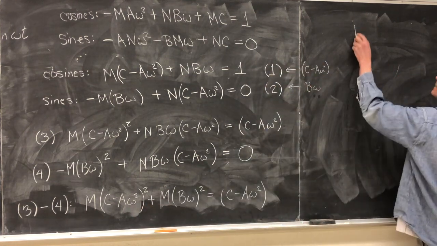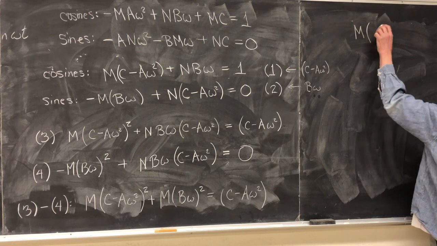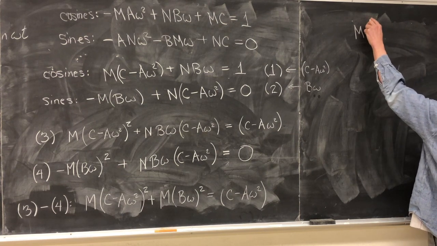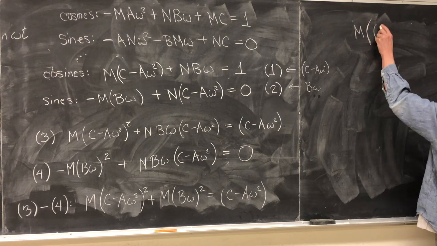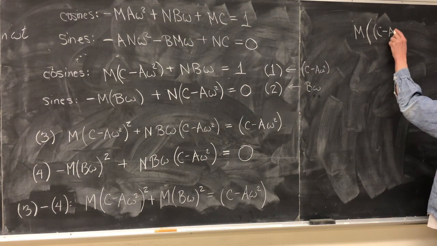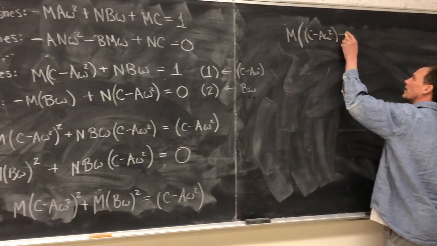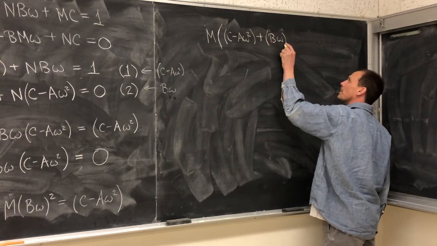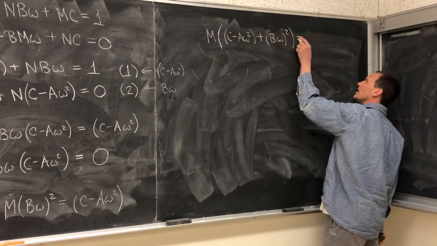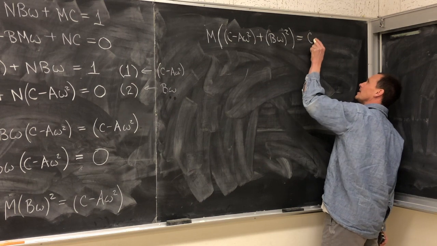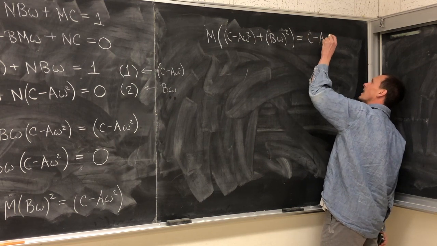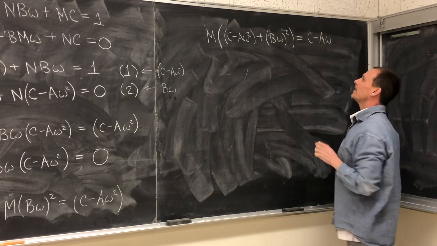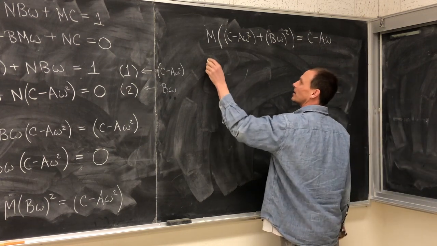So I have m times, big parenthesis here, c minus a omega squared plus b omega squared is equal to c minus a omega. And so there's m. M's right there.